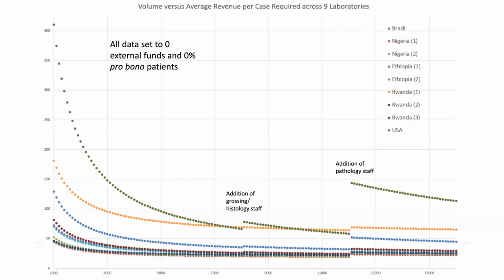So the cost of pathology is very cheap per person at this point, right? But the cost of reagents is really the challenge at that point. But then notice the big difference is when the US lab has to have a new pathologist, suddenly that price goes up enormously because of the cost of the pathologist. Okay, so this is a really cool graph to show this effect of reagents versus salary.